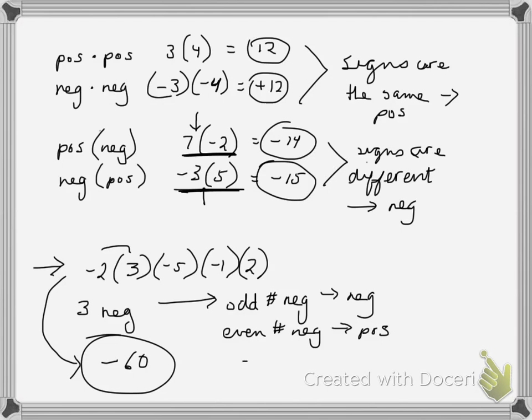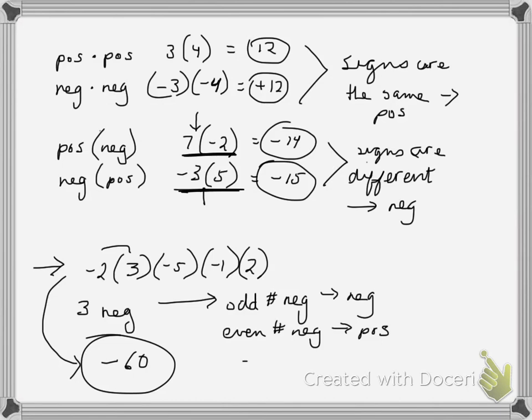Just like that. Okay, so I don't think you're going to have too much struggle with this. These are pretty straightforward ideas, actually much easier than addition and subtraction. So your rule, again, very simple. If you have the same sign, either all positive or all negative, 2 positives or 2 negatives, if we're just looking at 2 numbers, your answer will be positive.